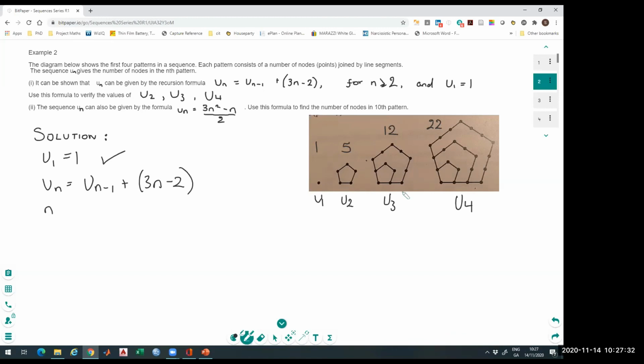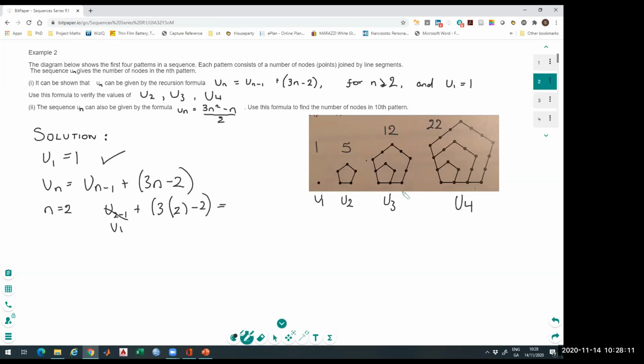So when n is equal to 2, u of 2 is equal to u of 2 minus 1, which is u of 1, plus 3 times 2 minus 2.